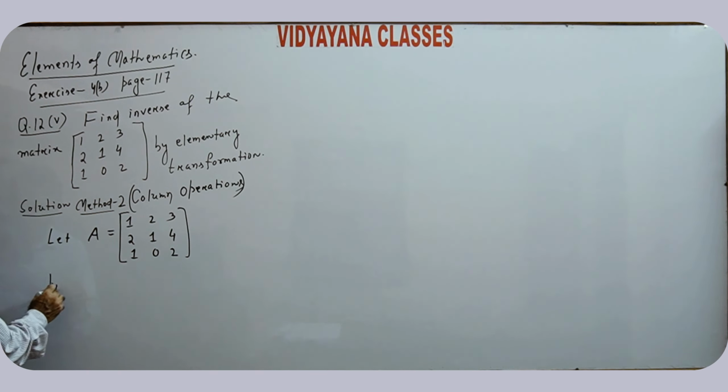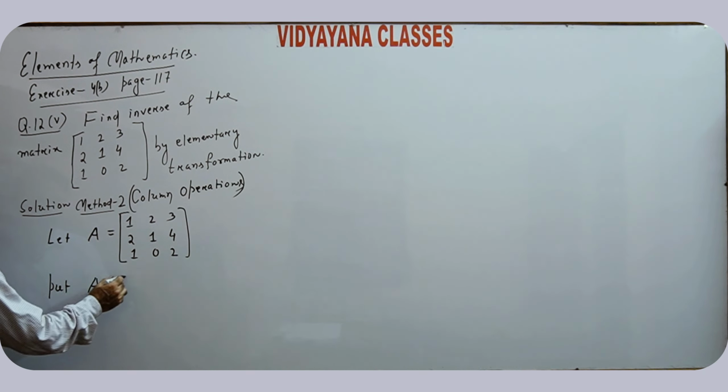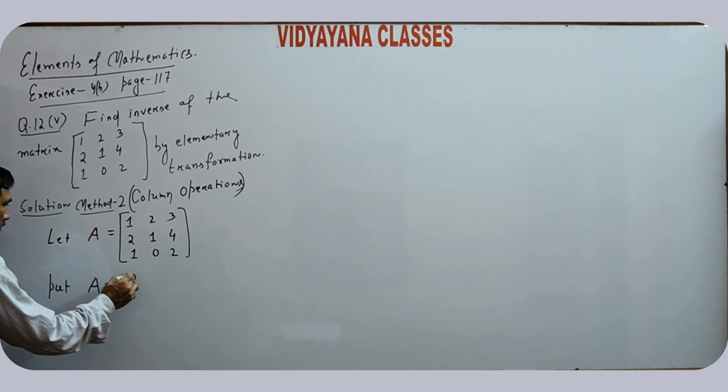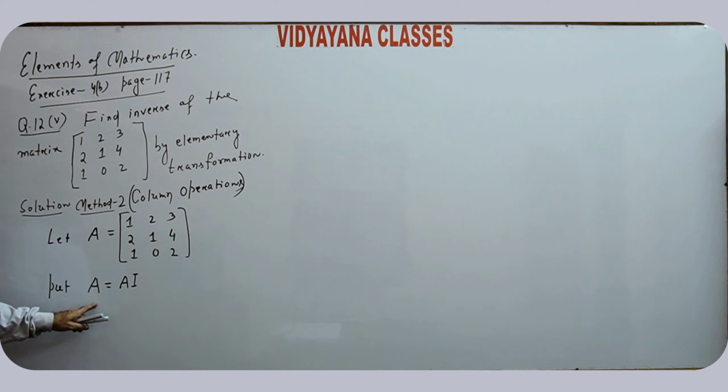Write A is equal to AI. In row operation, we write A is equal to IA. In column operation, we write A is equal to AI.